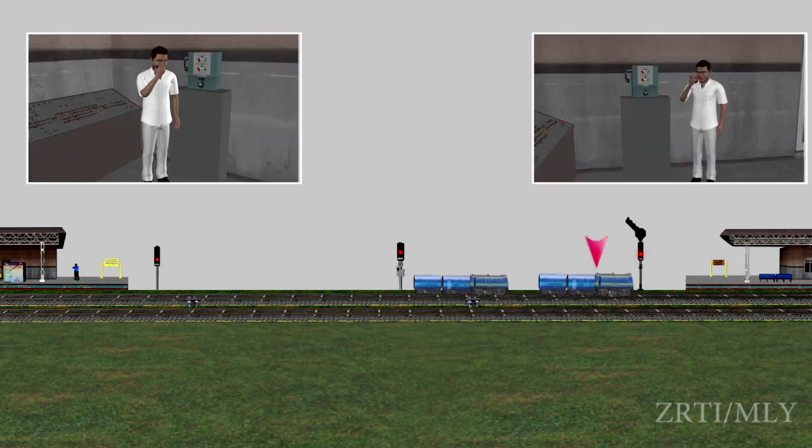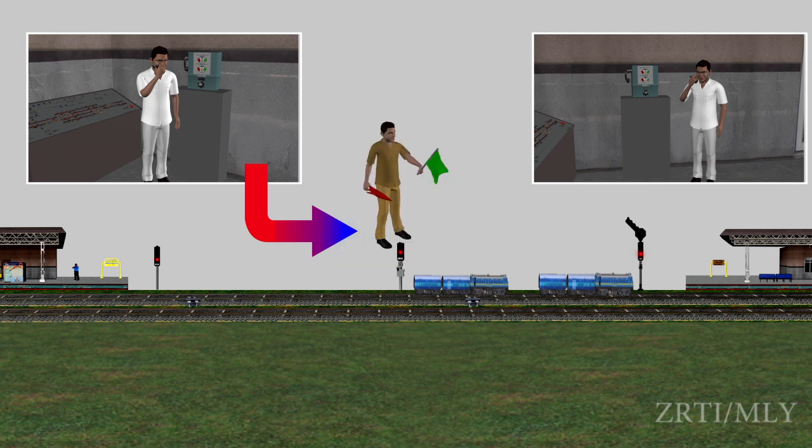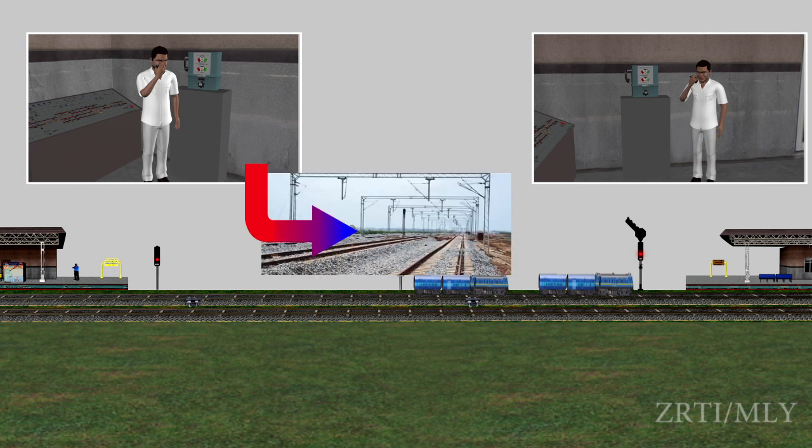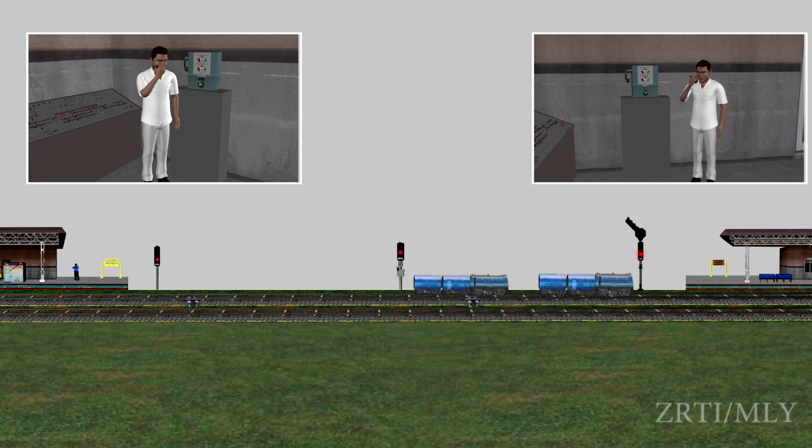If IB section is occupied by another train, station master shall try to inform the loco pilot of the train either through gateman if available, or through TPC in electrified section, or issue of caution order through the train passing on the adjacent line.